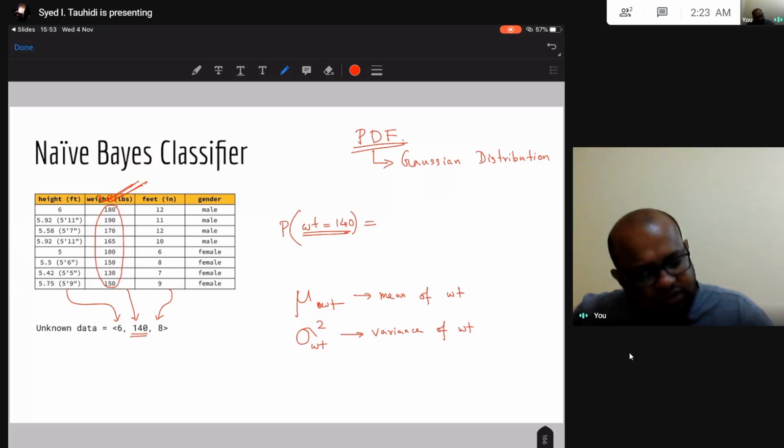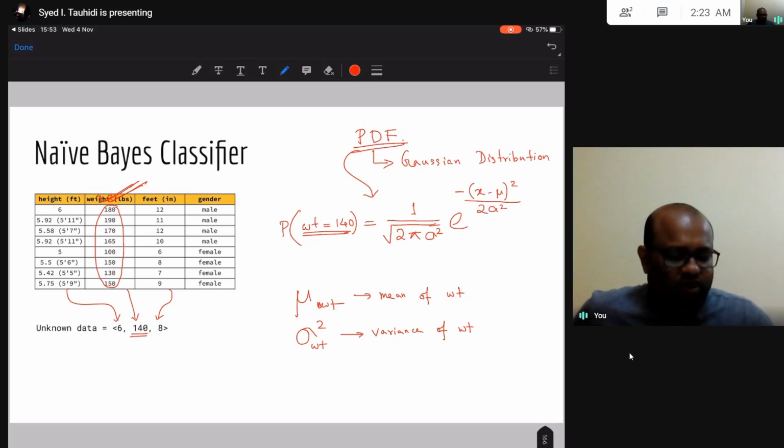This is the probability density formula: 1 over the square root of 2 pi sigma square, times e to the power of minus x minus mu whole square over 2 sigma square.